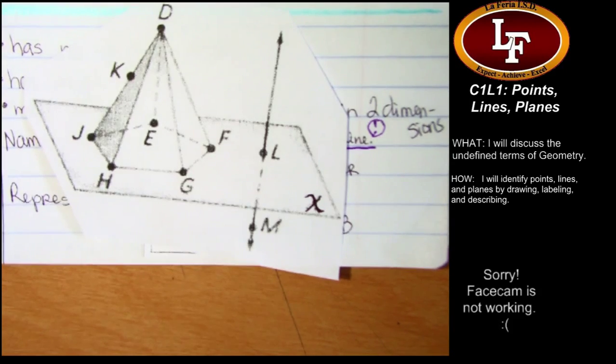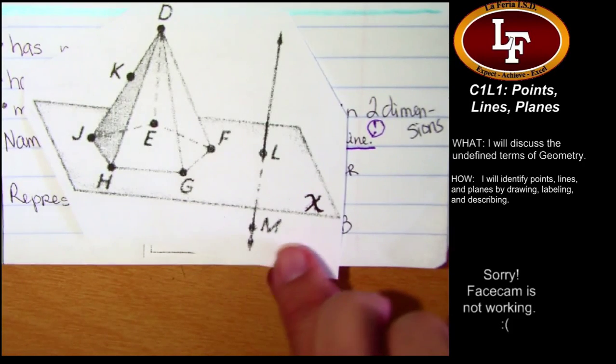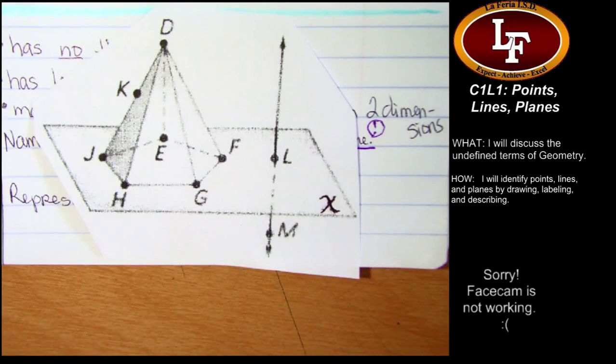Plane FGL is the same plane as plane X. It's just a different name. Can you give me a different plane that's not the same as plane X? JEF. That is actually the same plane as X. Do you see it?